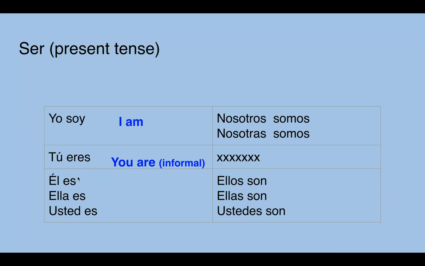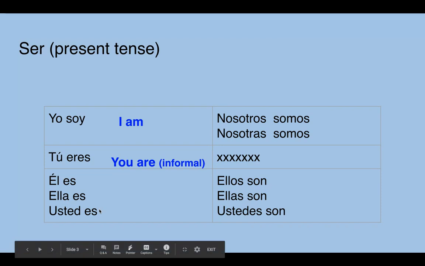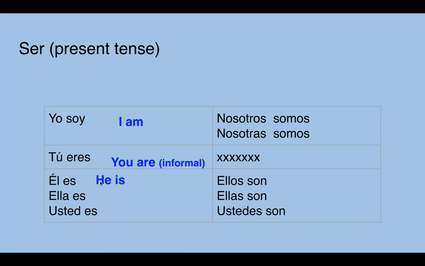You'll notice our next three pronouns all take the same form of the verb, es. Él es, he is. Because él is the subject pronoun that means he. Remember that you have to include that accent mark, otherwise you're saying the. Ella es, she is, since ella means she.